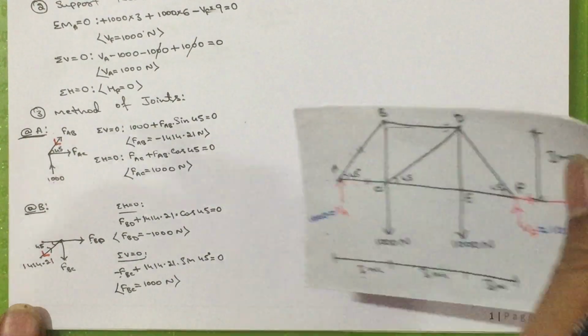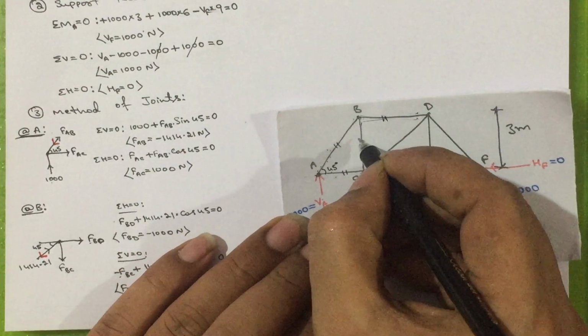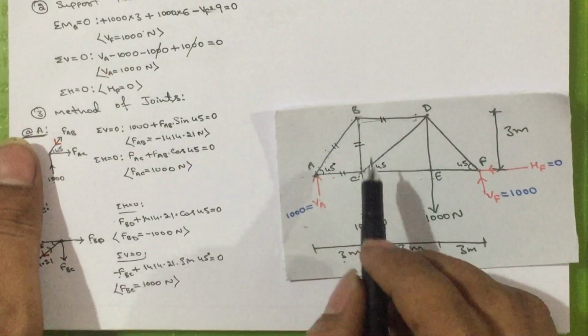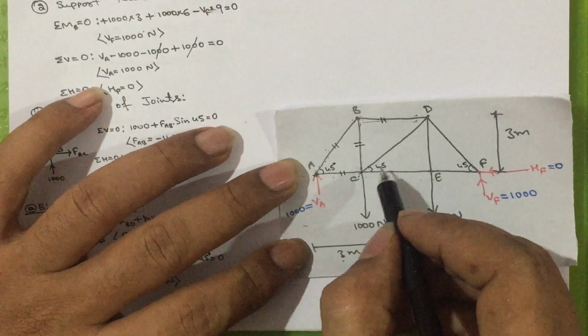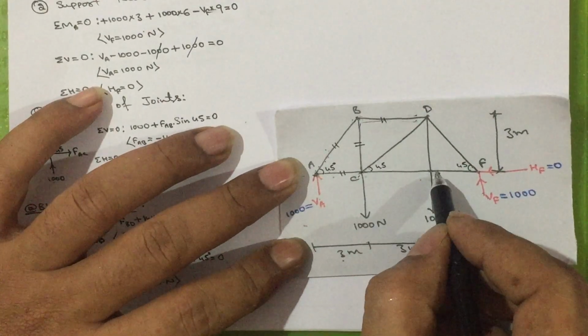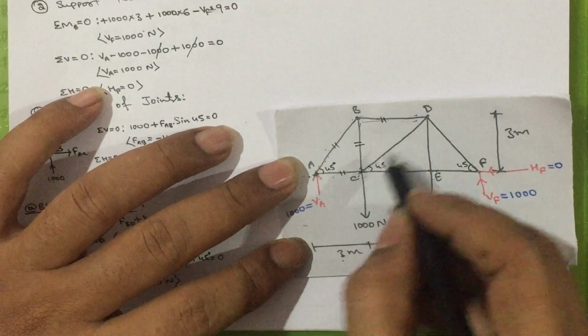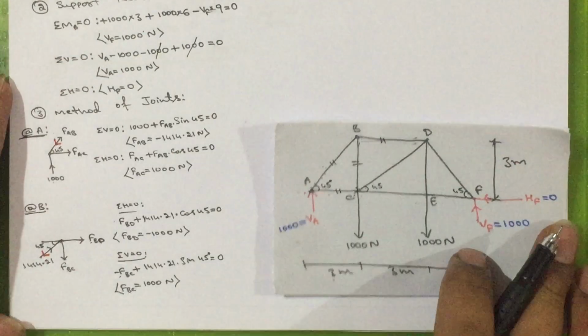So, from this free-body diagram we have calculated the values of BD and BC. Next we will move on to the C point. Here the unknowns are CD and CE. CB and CA we have already calculated. Unknowns are CD and CE, only two unknowns. So, we can solve the problem.